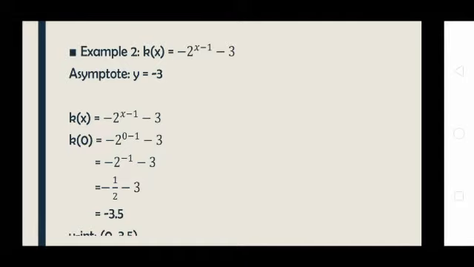So 0 minus 1 is negative 1. We'll be having negative 2 raised to negative 1 minus 3. Simplifying, we'll be having negative 1/2 minus 3. And the final answer is negative 3.5. So our y-intercept now is (0, negative 3.5).